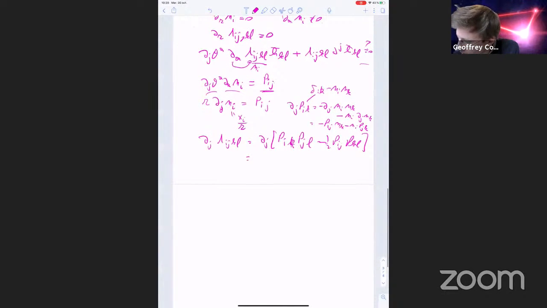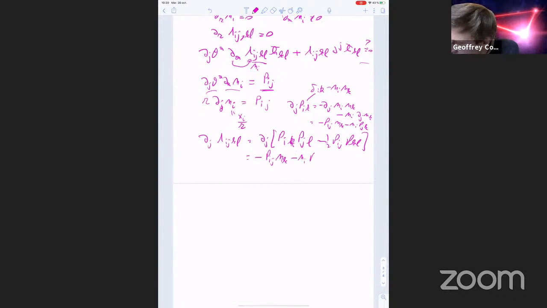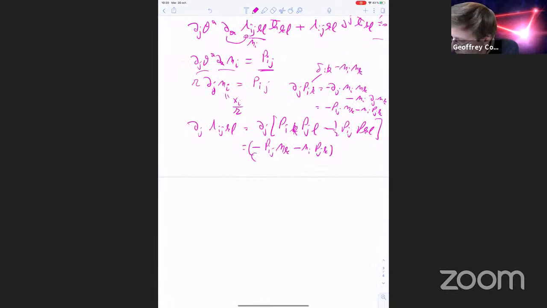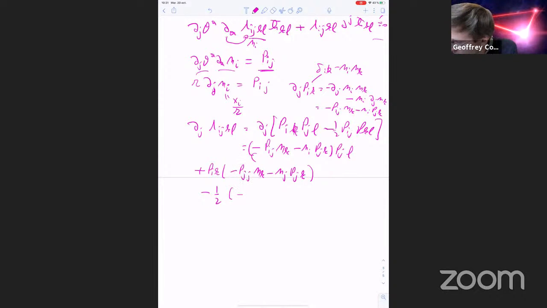So that's the first term, p_jl. Then there is the other one with the divergence of p_jl. So this i becomes a j, so I have a minus p_jj n_k minus n_j g_k. And then there's minus 1/2, again, the divergence with the i index.